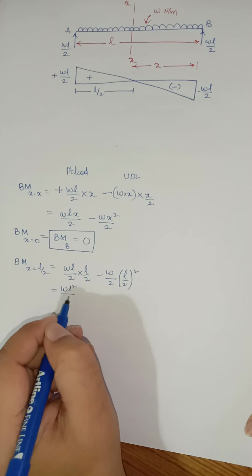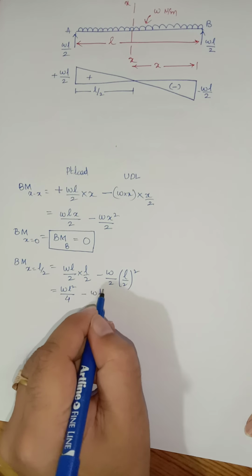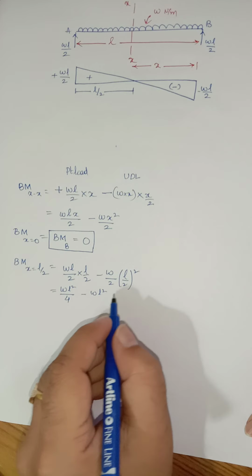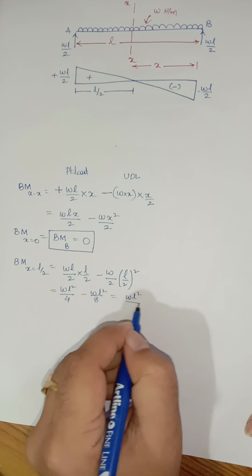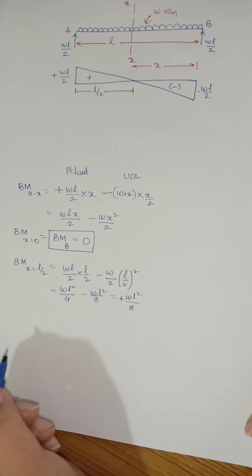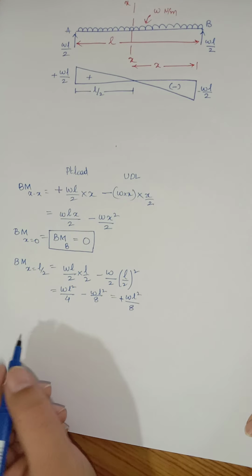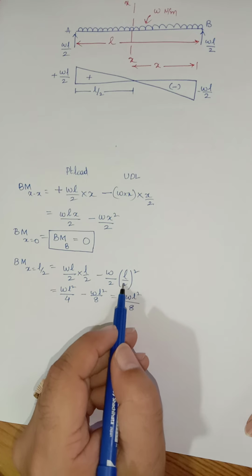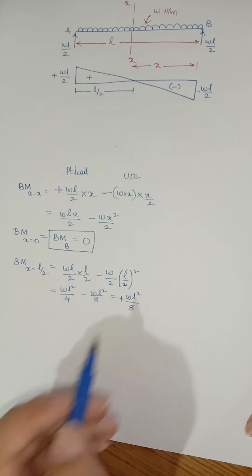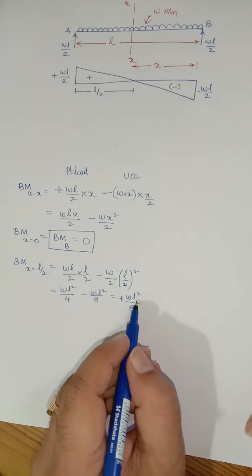W L square by 4 minus W L square by 16, which is W L square by 8. We got a positive value here. L divided by 2 whole square will be L square by 4, and 4 twos are 8. So I have written the same thing here: WL square by 8.